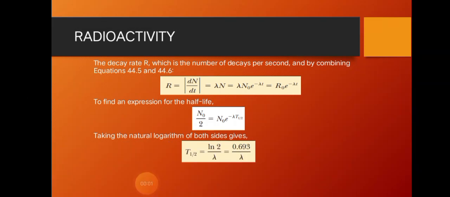The half-life of a radioactive substance is the time interval during which half of a given number of radioactive nuclei decay. To find an expression for the half-life, we first set N is equal to N sub 0 divided by 2, and t is equal to T 1/2 in equation 44.6 to give N sub 0 divided by 2 is equal to N sub 0 e raised to negative lambda T 1/2.